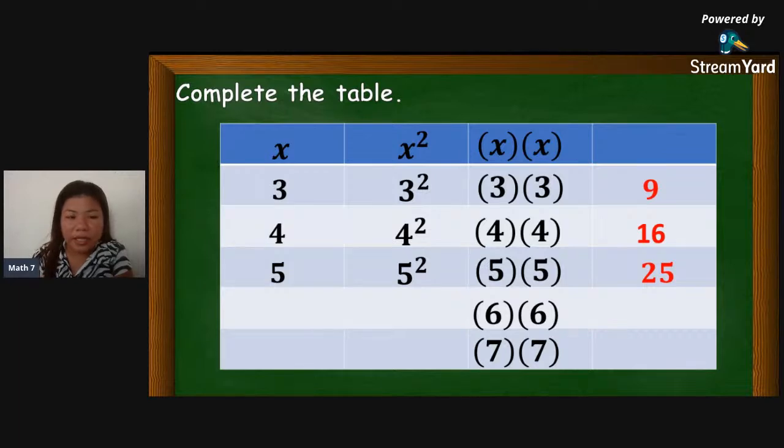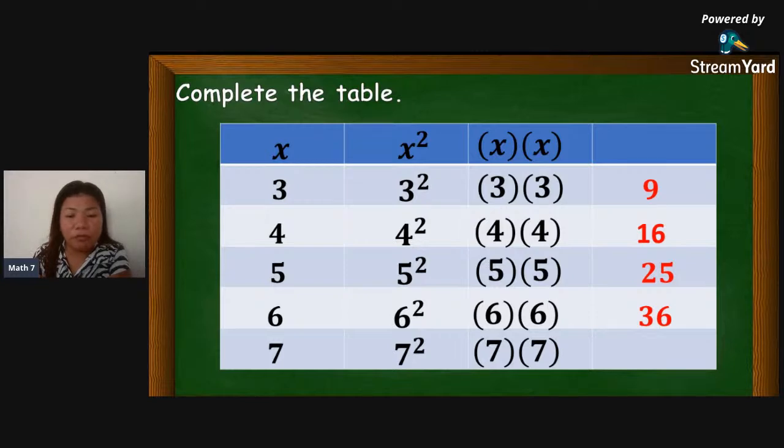Very good. Next, what about 6? You have 6 square. Again, this is not 6 times 2. It is 6 times 6. And that is, the product is 36. Next, what about if we have 7? 7 square means 7 times 7.